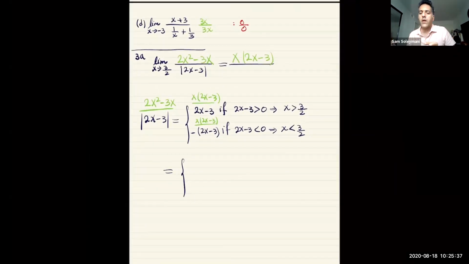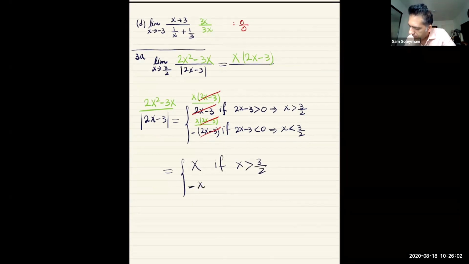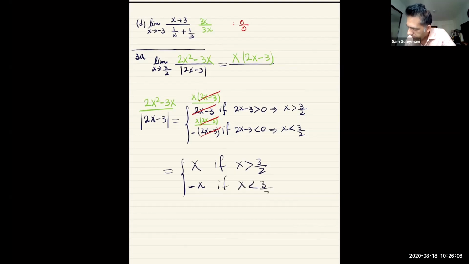So I redefined the piecewise function, and I wrote the numerator in green there. Do the cancellation. That feels great, right? So our piecewise function turns into just x if x is greater than 3/2, and the negative of x if x is less than 3/2.